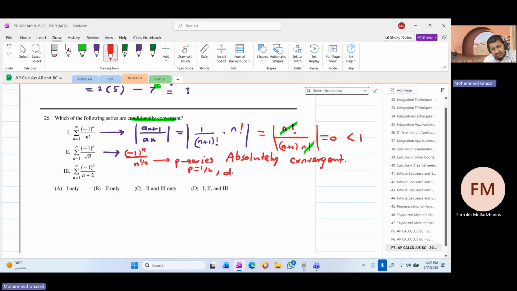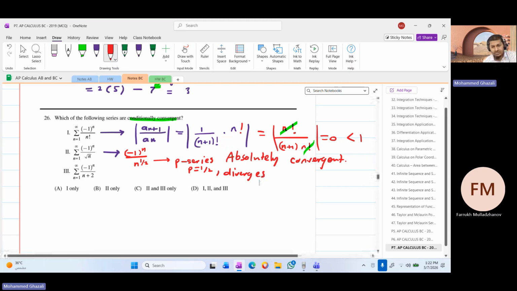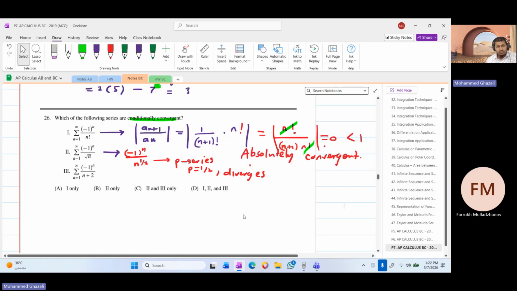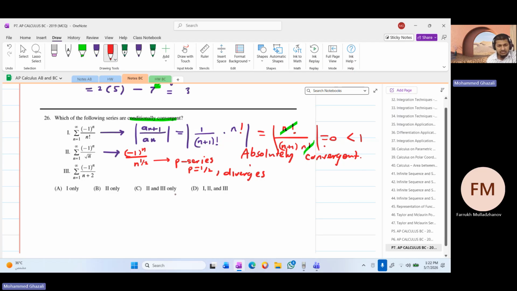This here diverges, but is it absolutely divergent? No, there's no absolute here. We talk about absolute convergence, which is the first one. This here diverges, but we want to look for conditional convergence. So now let's check the second one.